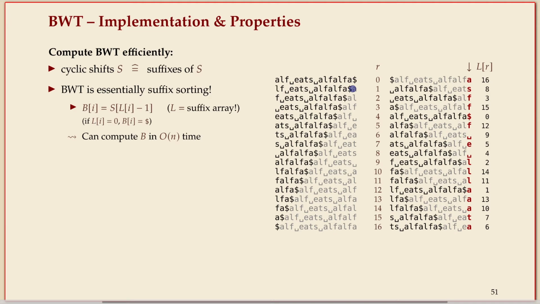So the dollar symbol is at a different position in each of the lines. And as soon as you compare the dollar, you will have resolved all ties, even if the rest of the text is the same character repeated. You never compare beyond the dollar symbol. So you will never need these gray characters to decide any ordering questions. So in a sense, I could have just removed the gray characters and I would get the same sorted order on the right. That's the first observation.